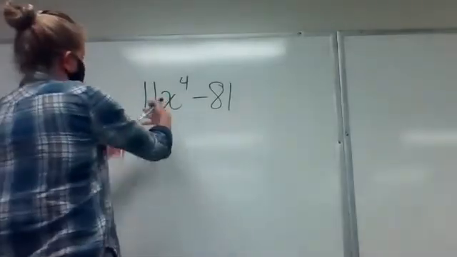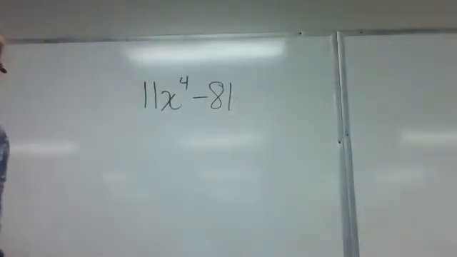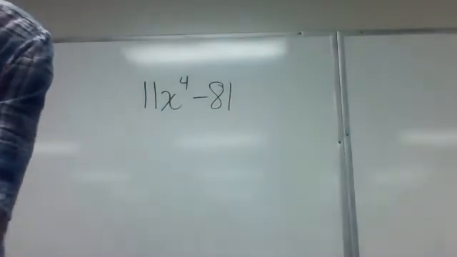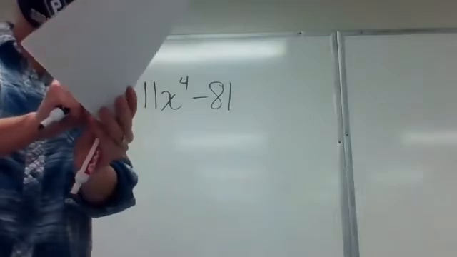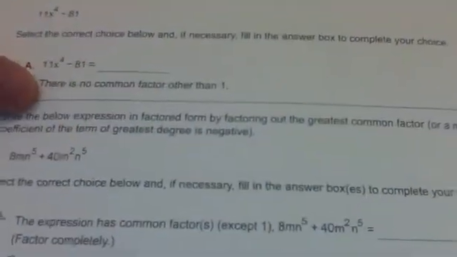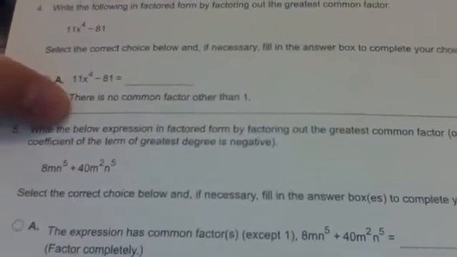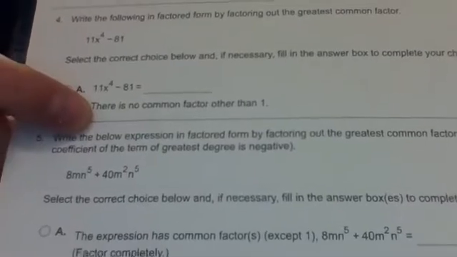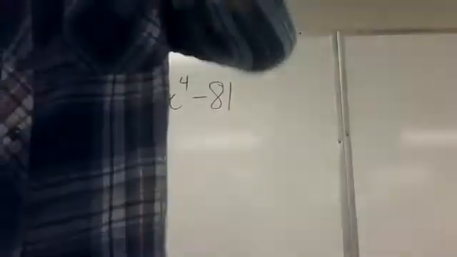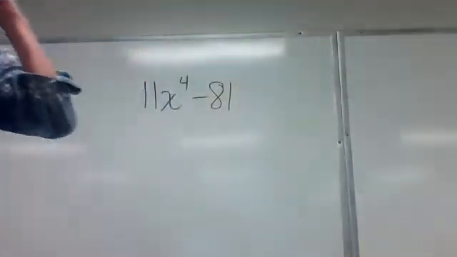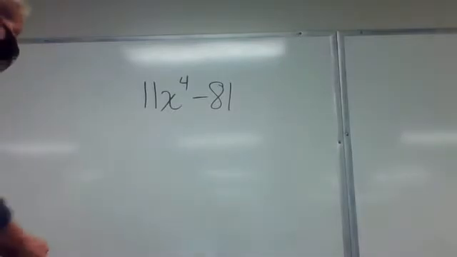And if you pull a 1 out, you're still left with exactly the same thing. Okay? So these all have a B option. And this B option says there is no common factor other than 1. So that's what you would check on that one. That all they have in common is a 1.